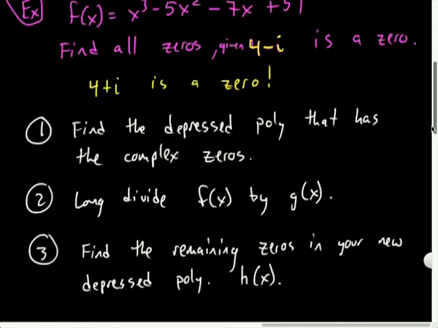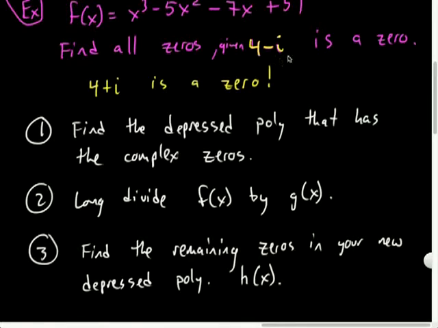If I told you 5 is a zero, what could you tell me a factor was? x minus 5. Remember, it's always kind of the opposite. The opposite of your zero is the number that goes with the factor.